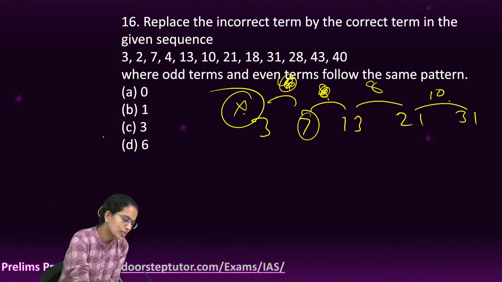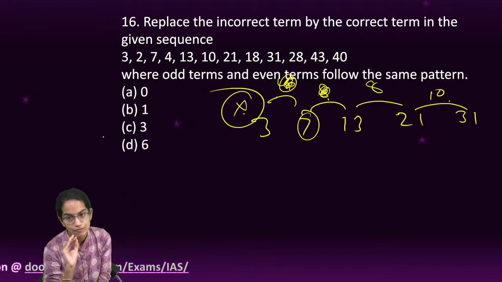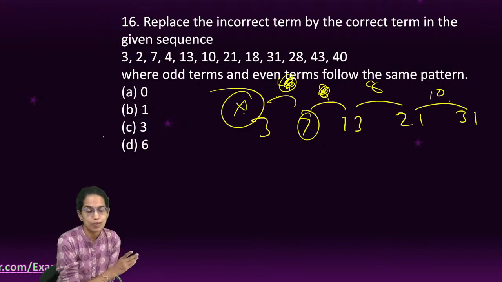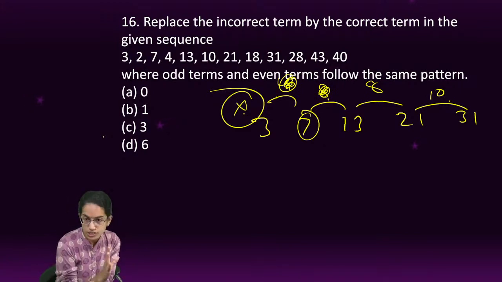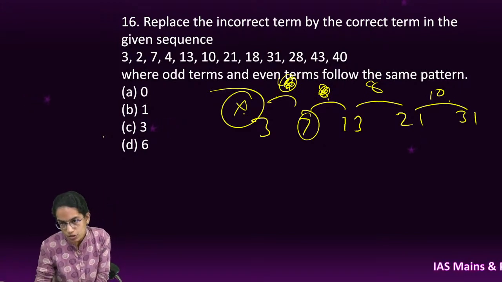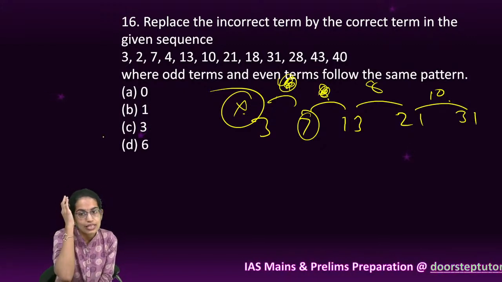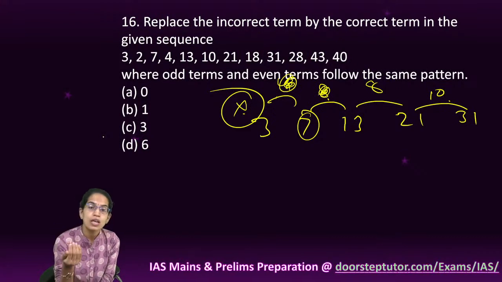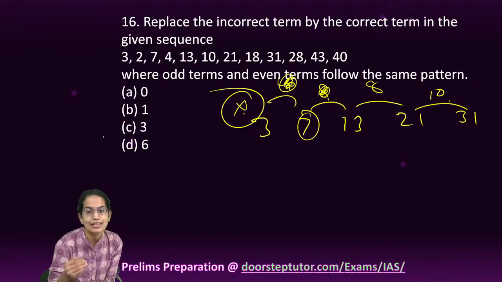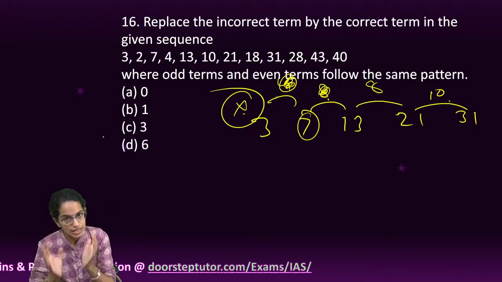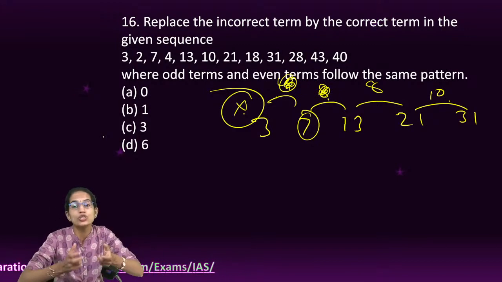Okay. So these were some of the pinpoints that we have focused on for CSAT paper 2. When it comes to the logical kind of questions which are called reading comprehension questions in CSAT, the most common mistake that a student makes is they don't understand the difference between a conclusion and an assumption. When the question says conclusion, that means what is the crux of the passage?